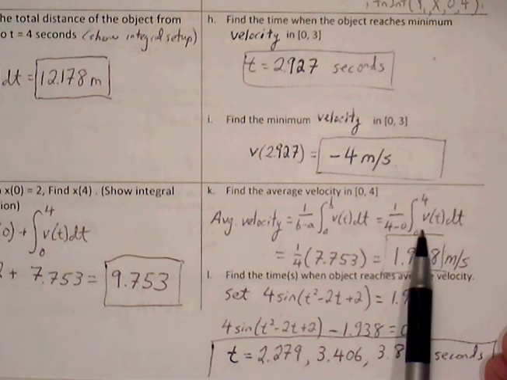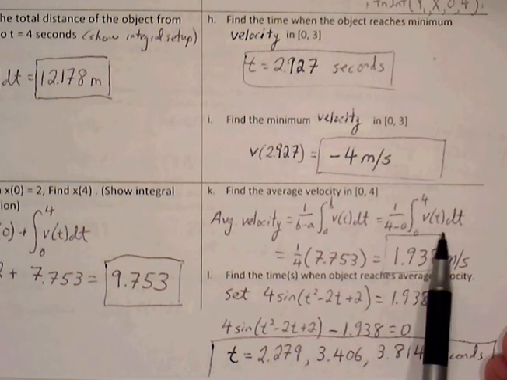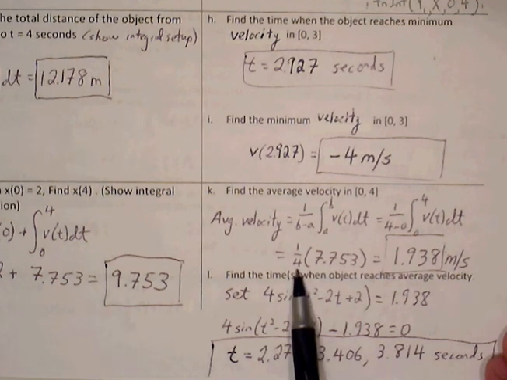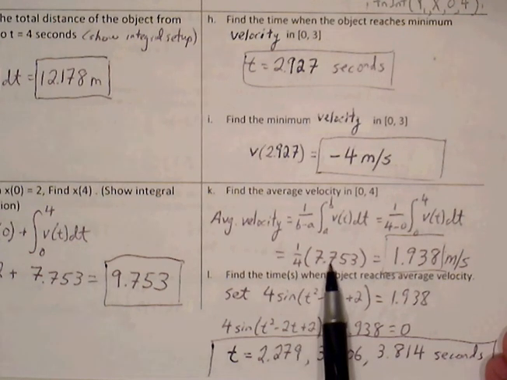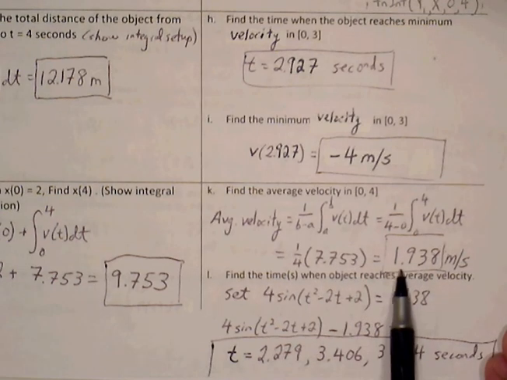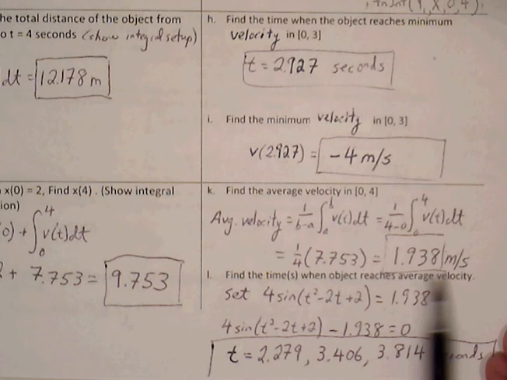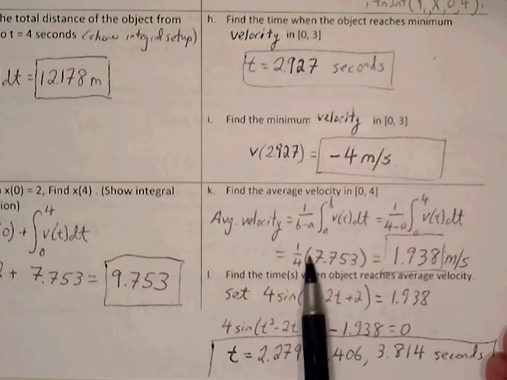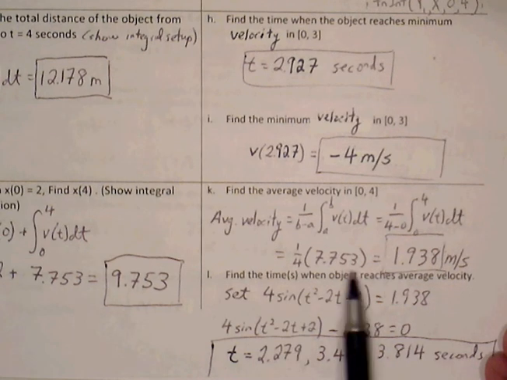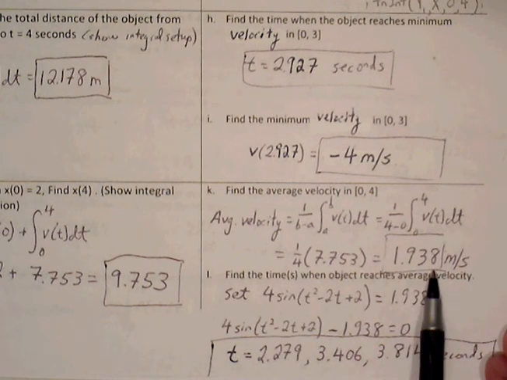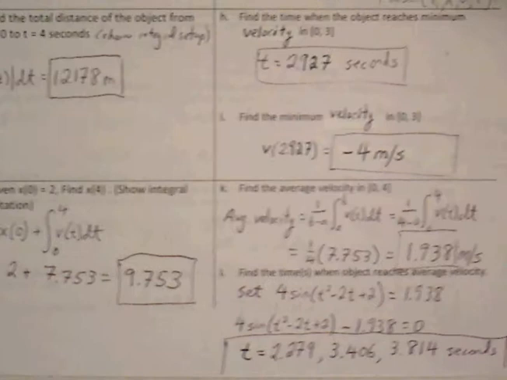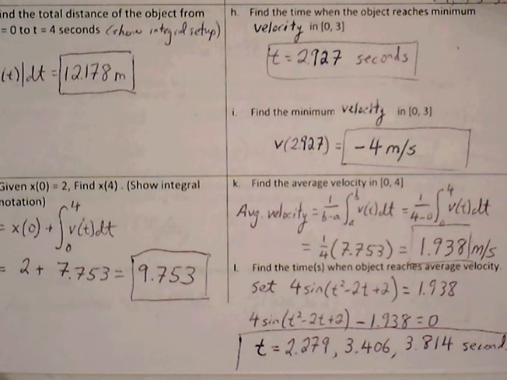We know the definite integral of v of t from 0 to 4, from part F again, is 7.753. 1 over 4 times 7.753 will give us 1.938 meters per second. This is our average velocity. Essentially, displacement divided by the width will give us our height, and the height in this case is average velocity.